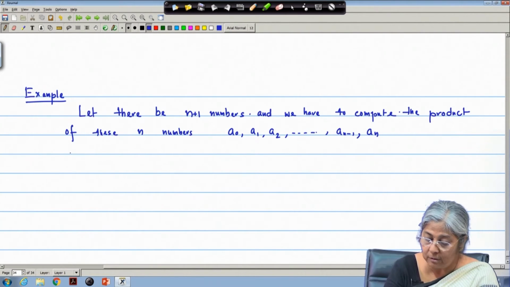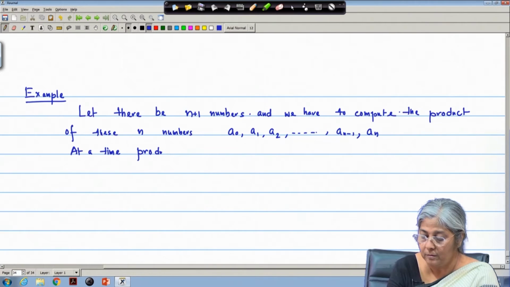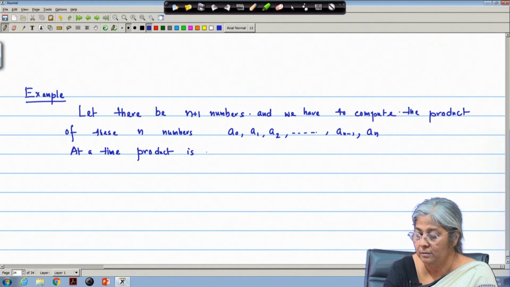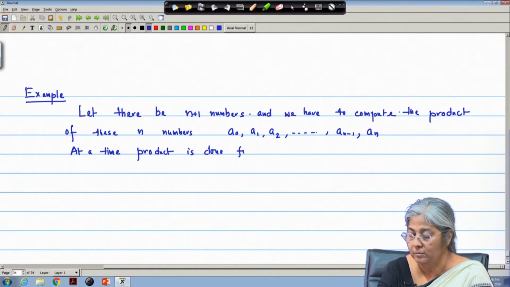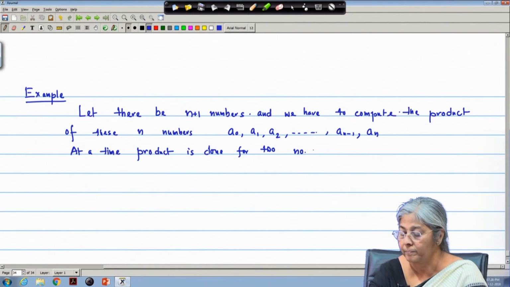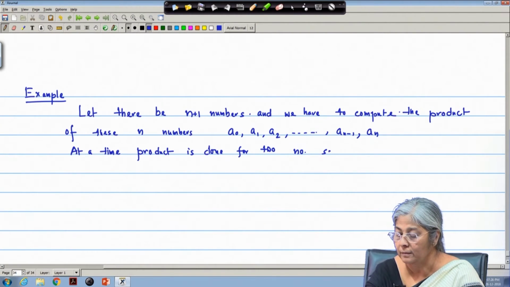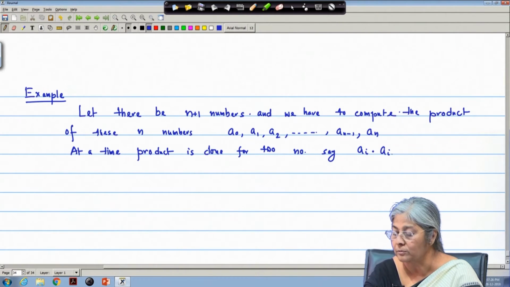Now, the product at a time is done for two numbers, say ai and ai plus 1.